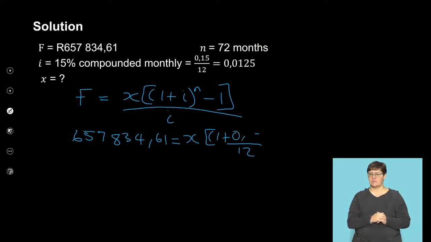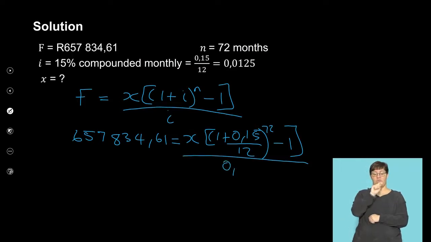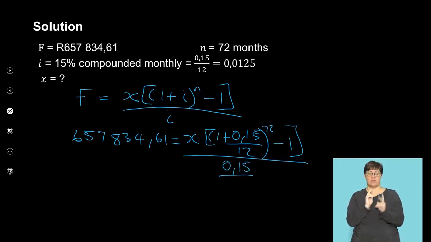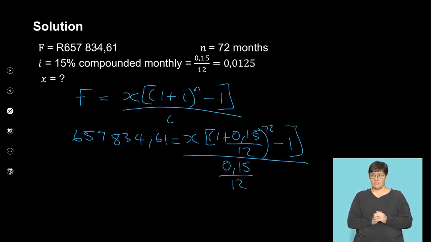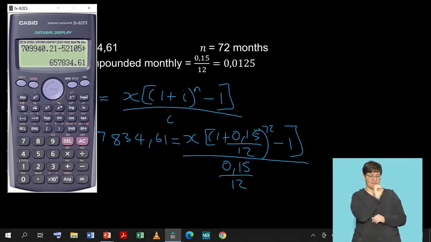This is 0.15, it's 15%, divided by 12, all to the exponent of 72 months minus 1, divided by 0.15 divided by 12, right? And then I can go straight into the calculator.